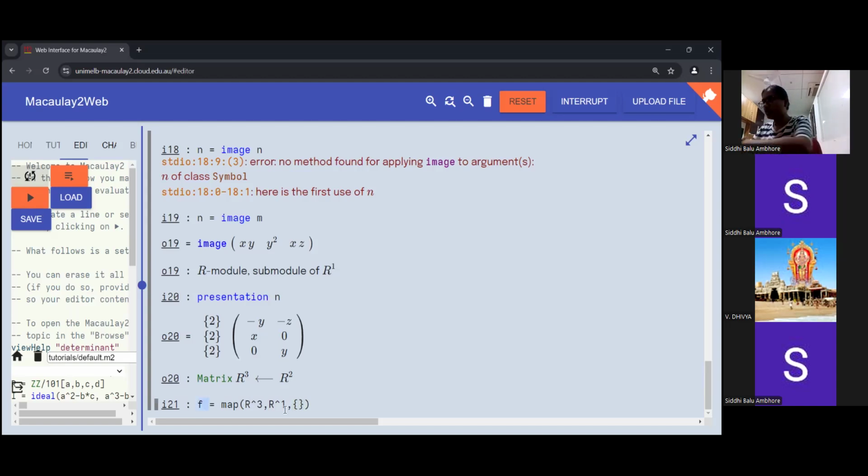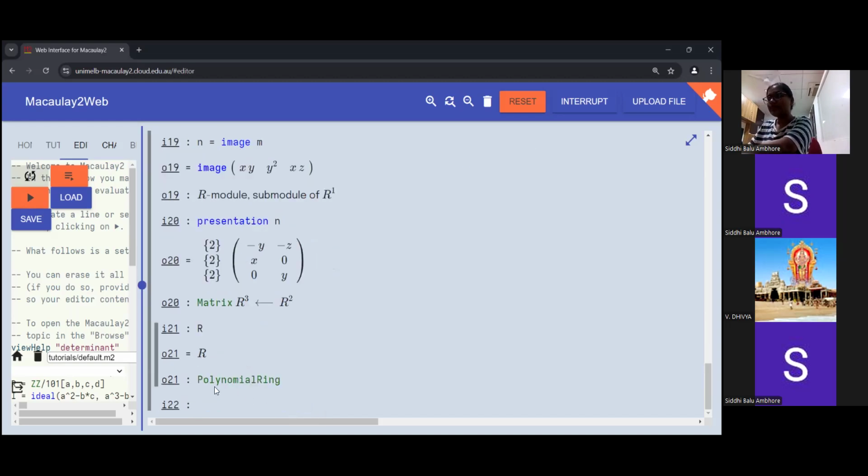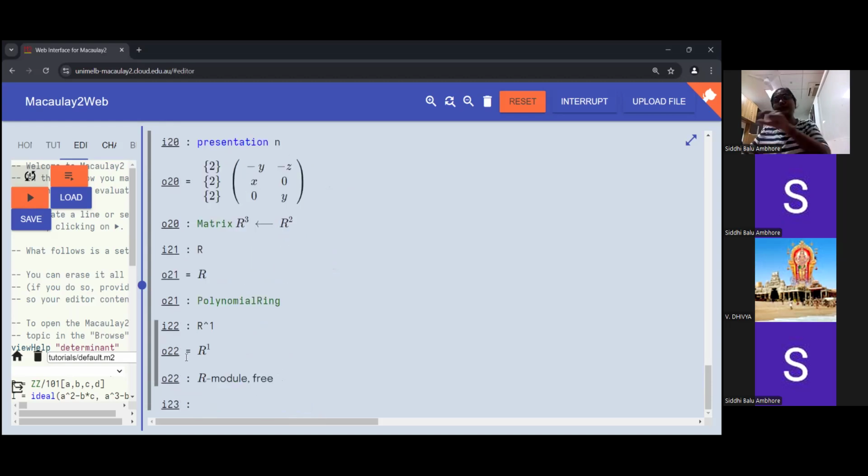Let me show you that also. When I write R, it gives me a polynomial ring. And when I write R1, it is considering R as an R-module. So when we define a module map, even when we are considering only a single copy of R, in Macaulay 2 we have to write it as R power 1.